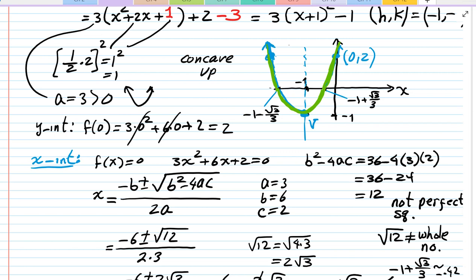Now, I said red, but I did green, sorry. And there you go. Now it's red. Okay. Therefore, between the x-intercepts it's negative, correct? Outside of those it's positive.